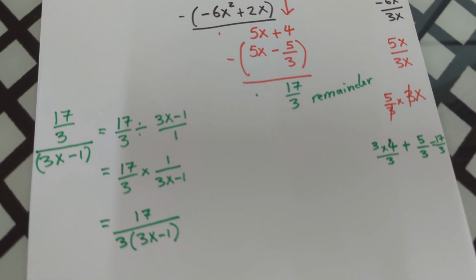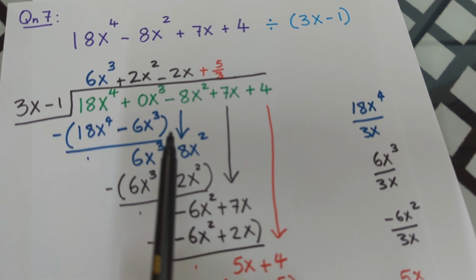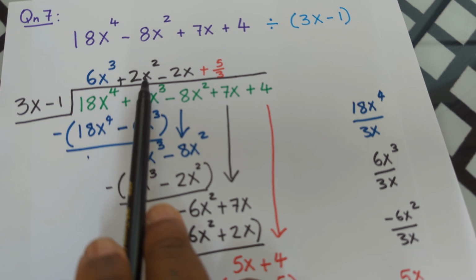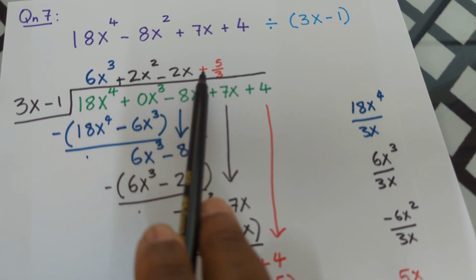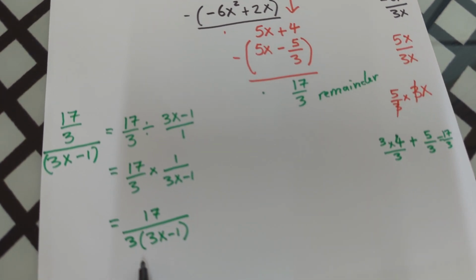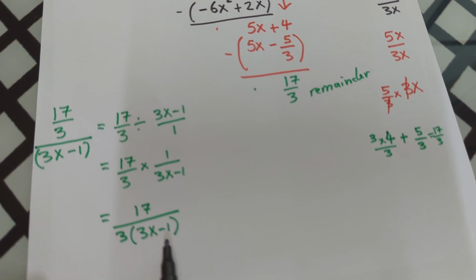Now let's write our final answer now. Remember, after we divided, this was our quotient, 6x to the power 3 plus 2x squared minus 2x plus 5 over 3. And our remainder has been simplified into 17 over 3, open bracket, 3x minus 1.